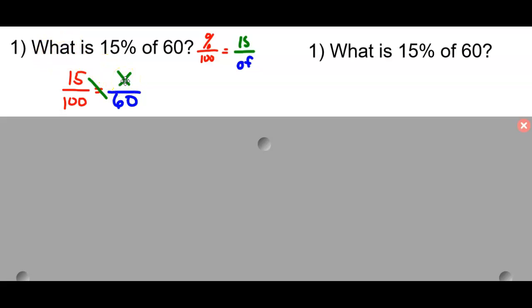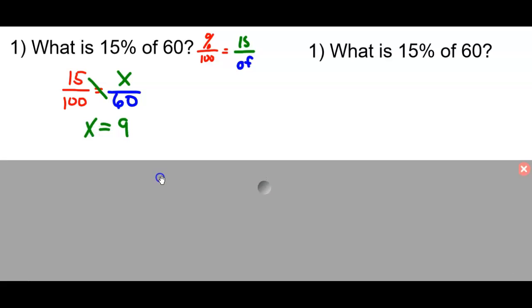That's my x. And then my 60 is my of. Okay, so we learned how to do this. We can cross multiply and then divide and get an answer. So 100x equals the result of this multiplication, which would be 900. I would then divide that by 100 and get 9.